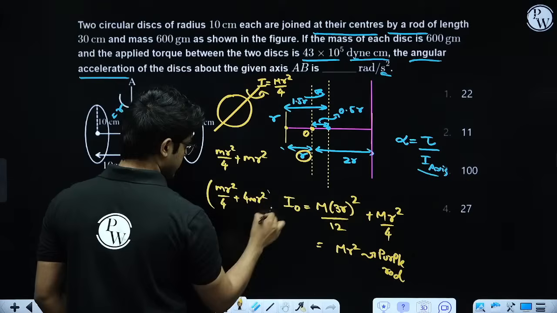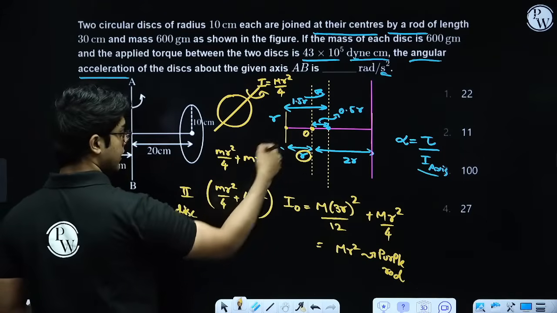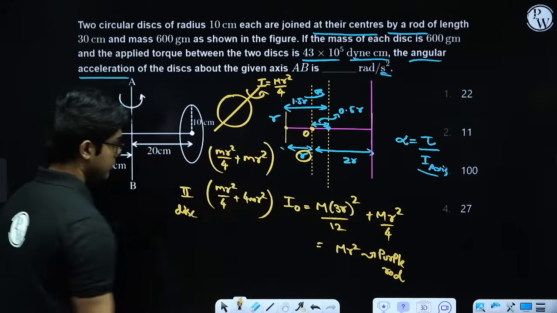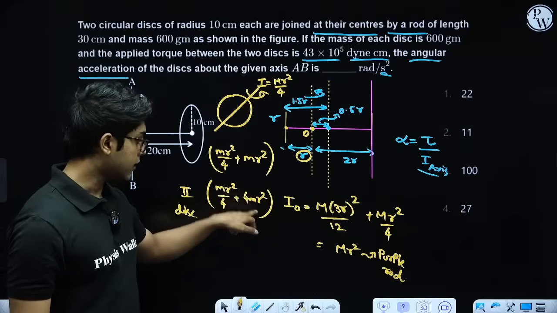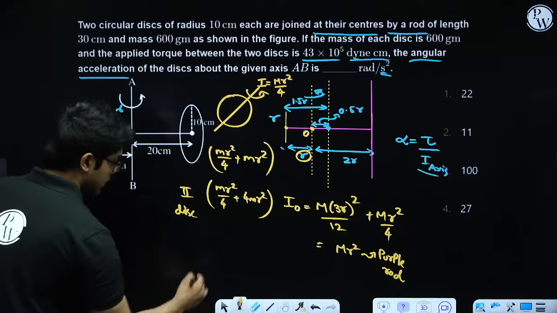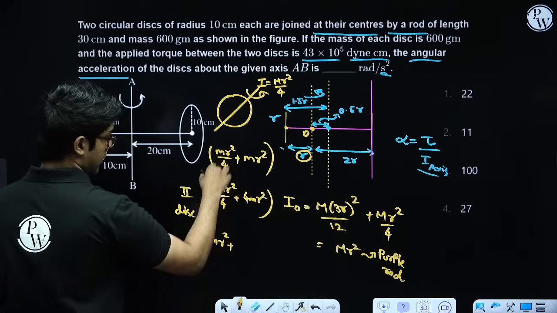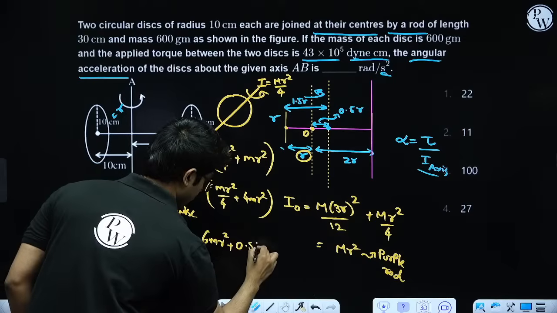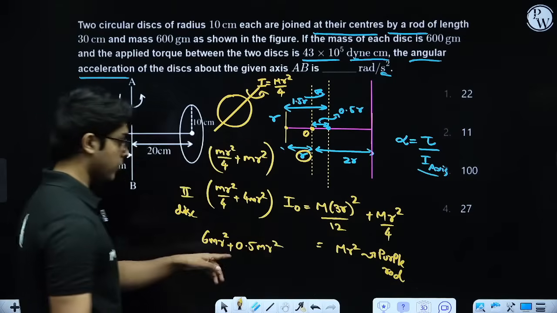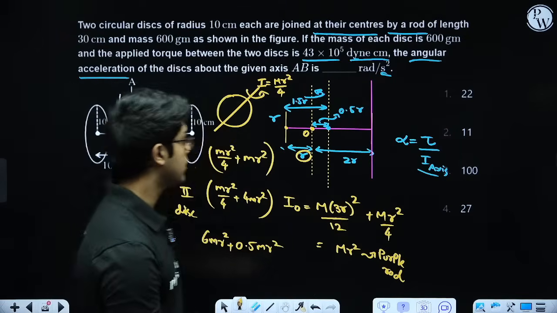This is for the second disc, the one on the right, and this is for the first disc. Now we'll just add them. 4mr square plus mr square is 5mr square, plus the purple rod's mr square makes 6mr square. Plus these two mr square by 4 terms add up to mr square by 2, which is 0.5 mr square. So we have 6.5 mr square as the total moment of inertia.